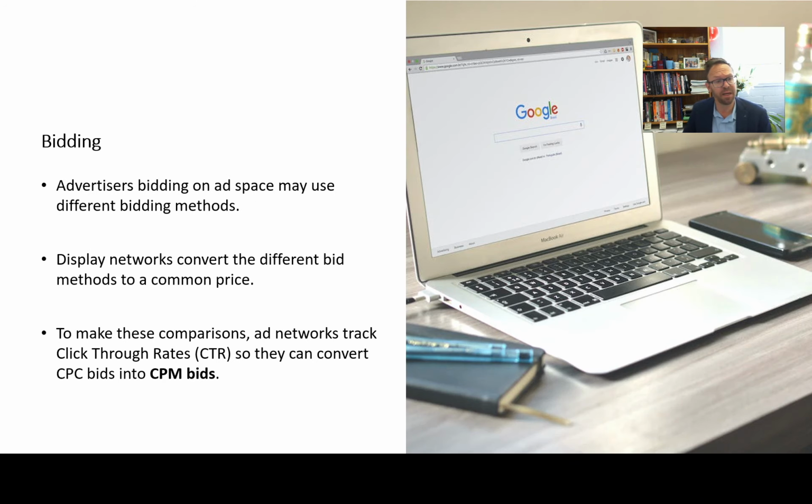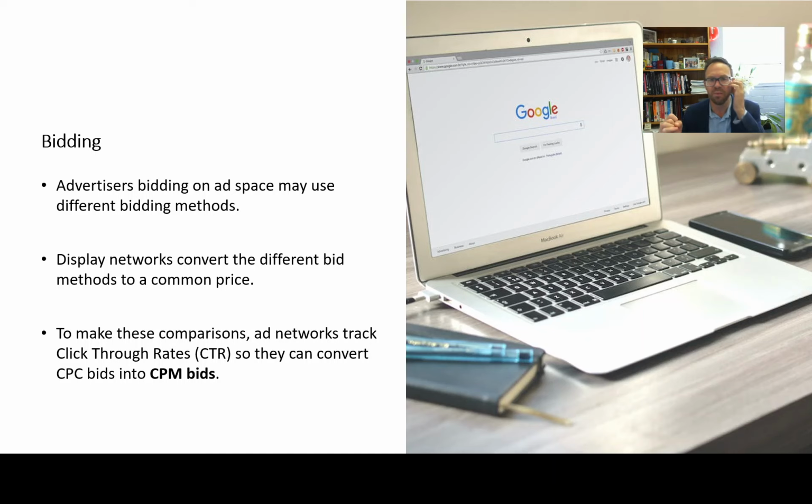So look at bidding now. Advertisers bidding on ad space may use different bidding methods. Now, display networks convert the different bid methods into a common price, and to make the comparison, the ad networks track the click-through rates, so they can convert the CPC, the cost per click, into cost per mille.